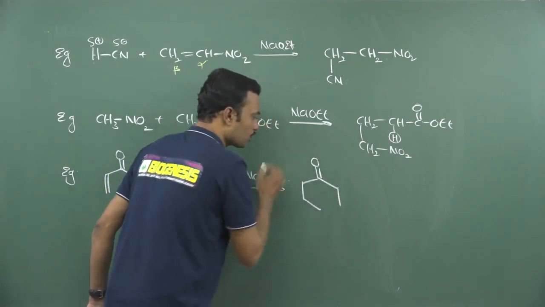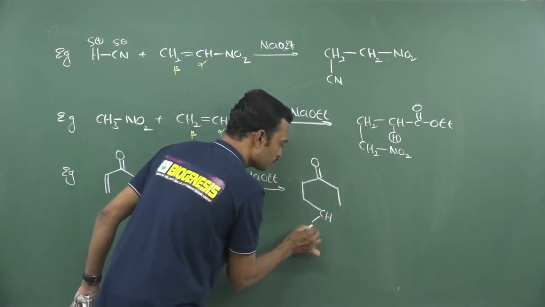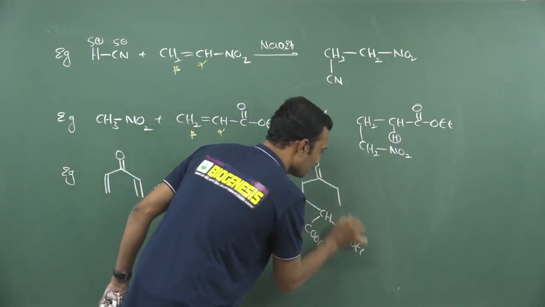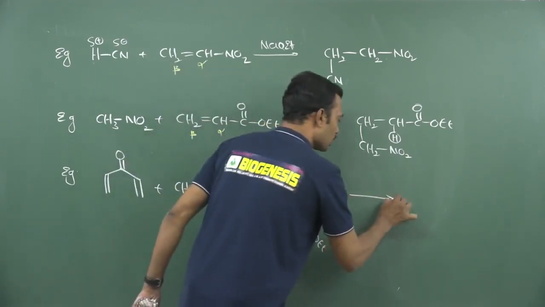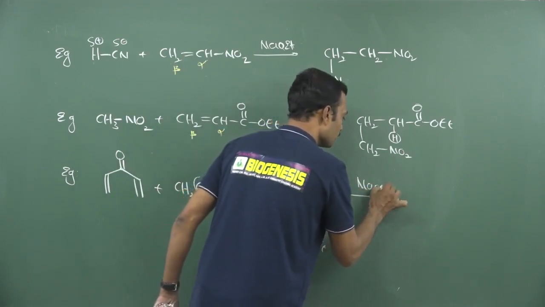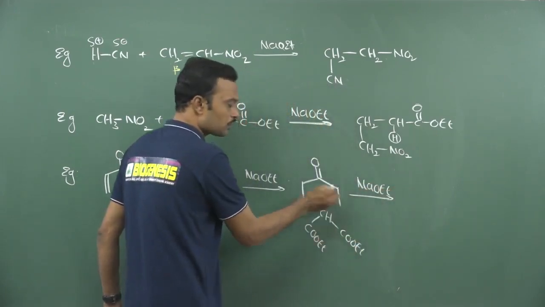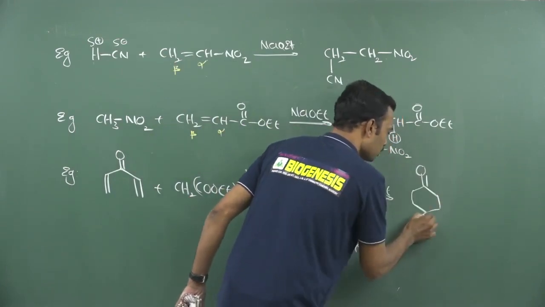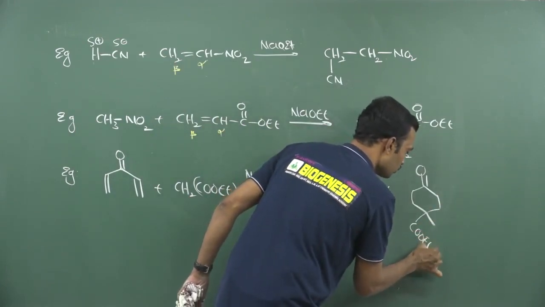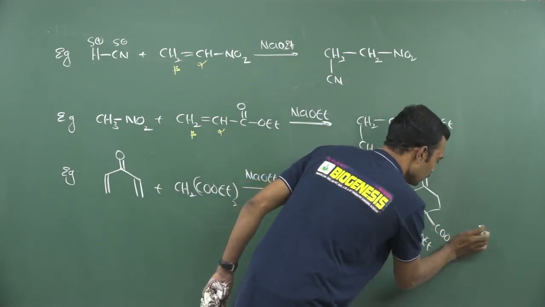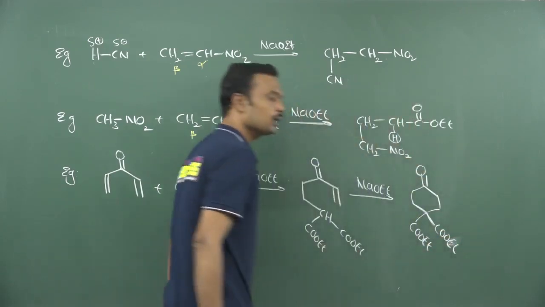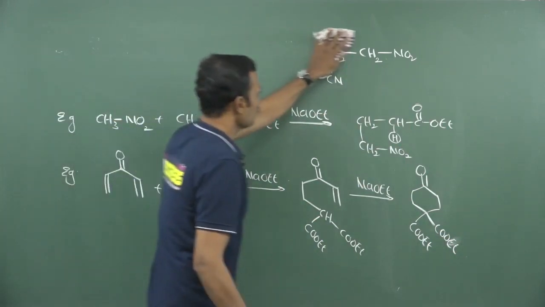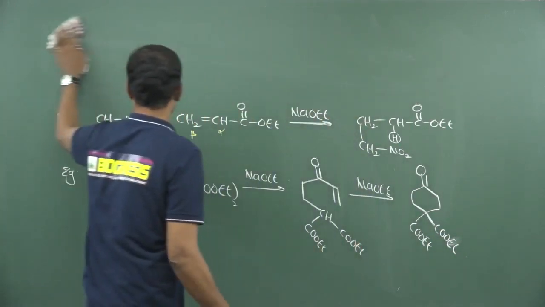Now this will convert to carbonyl, and here this is CH and I am writing COOEt, and here also this is COOEt. Here a double bond is present. And one more time, if I react with NaOEt, now remove this proton, this part will be added here. So finally you may expect a cyclic product. This is C double bond O and here COOEt and here COOEt like this. So this is called the double Michael addition reaction. You can make the addition reaction 2 times, that is called double Michael addition.